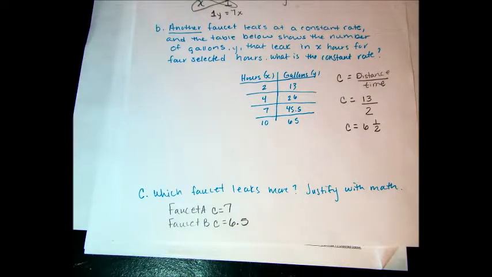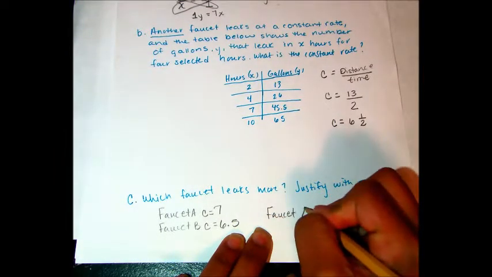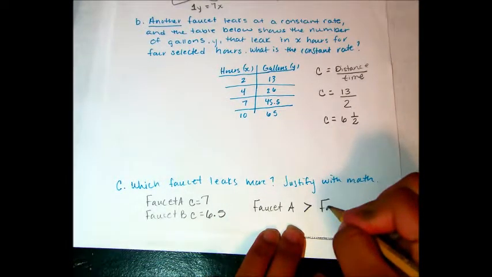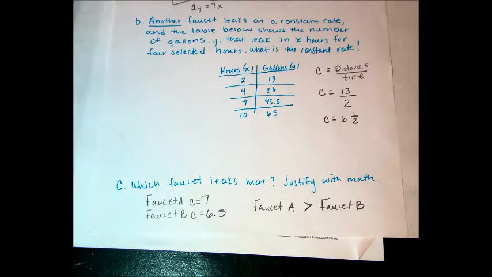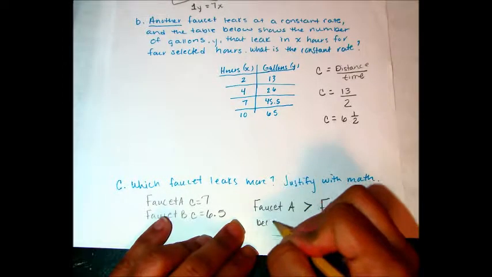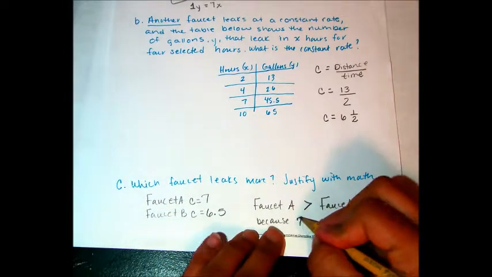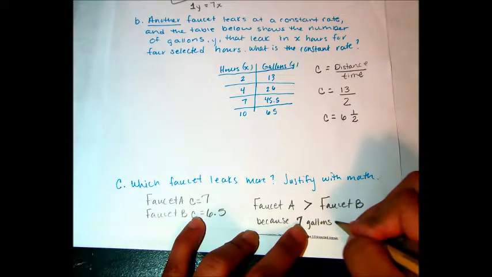The graph with the largest ratio or the graph with the smallest ratio? The graph with the largest ratio is steepest. So we would say that faucet A has a greater leak than faucet B because the ratio is larger. Constant rate or the ratio. 7 gallons per hour is a bigger leak.